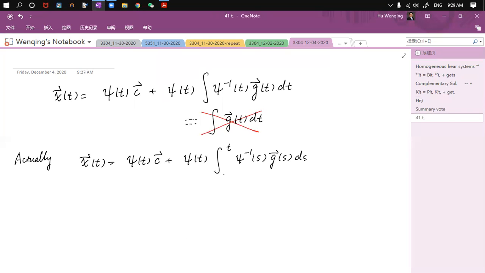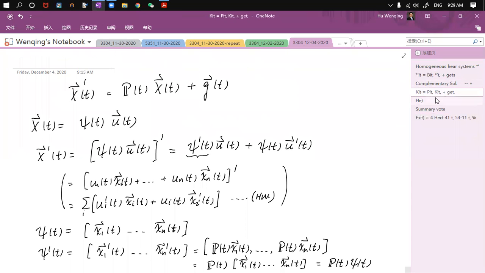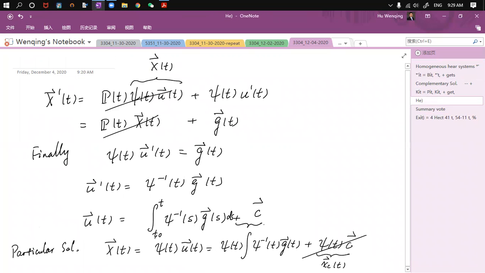Some people are going to ask why you don't start from anywhere. Well, you can start from anywhere you like, because here you start from t0, but if I start from another t0, you can double check that you are going to end up with just another constant. The constant is arbitrary because it's just a solution of the complementary equation.